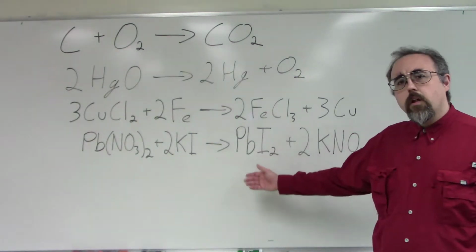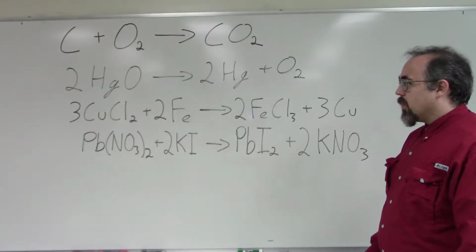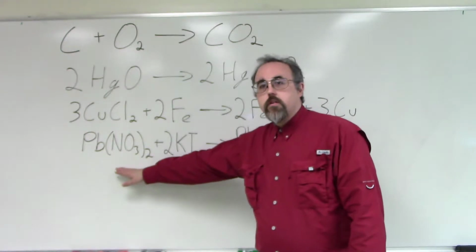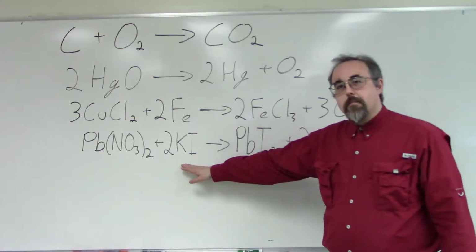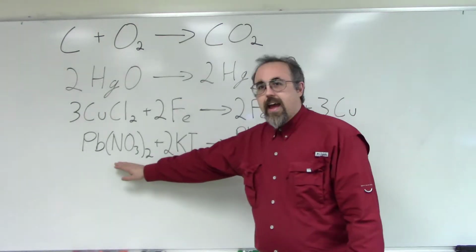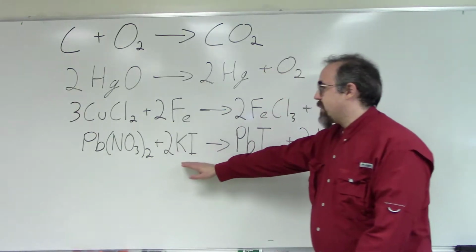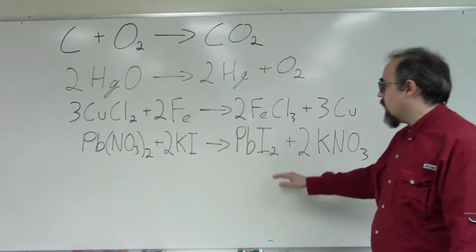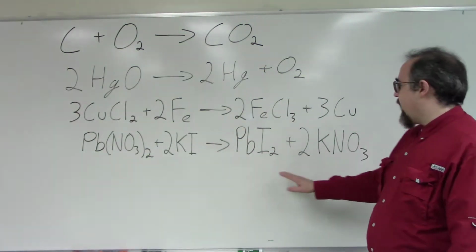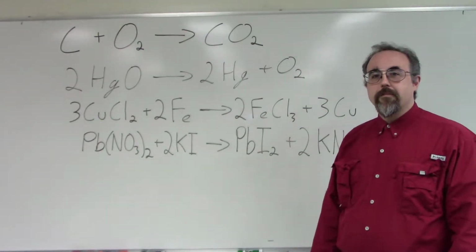Now, in the double replacement or double displacement, if you're old like me, we'll have an ionic compound and a second ionic compound, and they're basically going to trade cations and anions. So I have plumbous nitrate, or lead-2 nitrate, and I have potassium iodide, and I'm going to get lead-2 iodide and potassium nitrate. I'm simply going to trade partners.